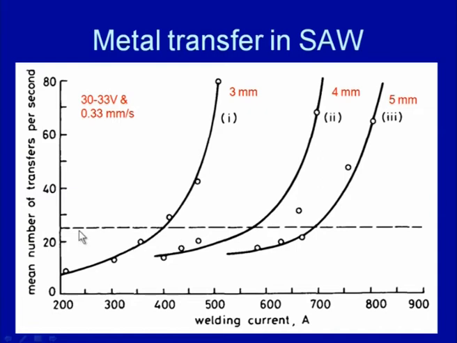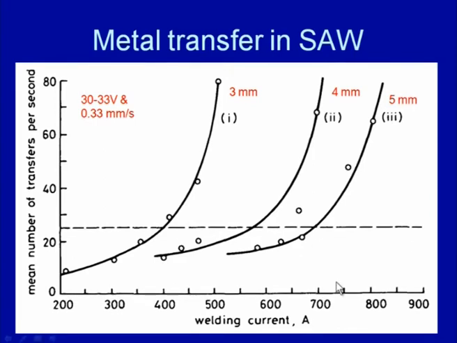If you see this horizontal line, for the 3 mm diameter electrode, about 24 drops are transferred at around 400 ampere, while for the 4 mm diameter it occurs around 550 or so, and in case of the 5 mm diameter electrode, it occurs around 700 ampere current.